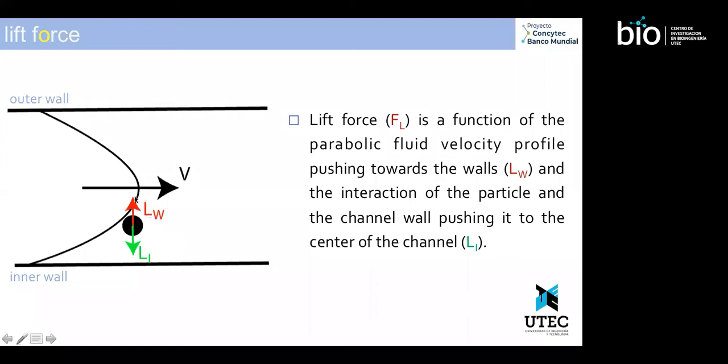So we have an interplay of forces, and it depends on the size of the particle how far it will stabilize itself, where these forces are in equilibrium in the flow. So it will be at different distances from the wall, depending on the particle size.